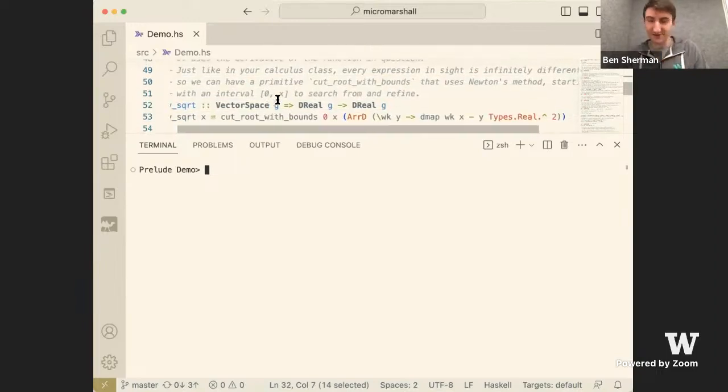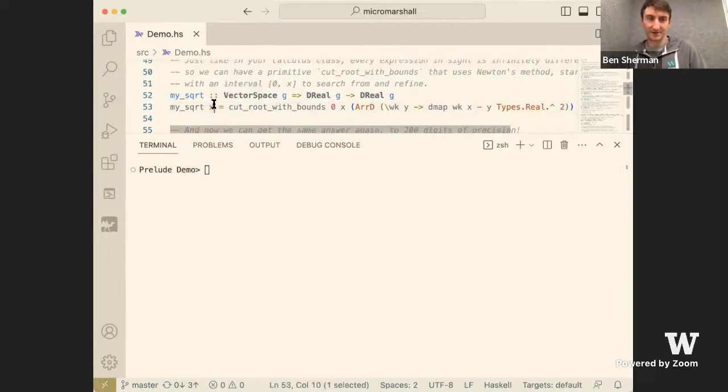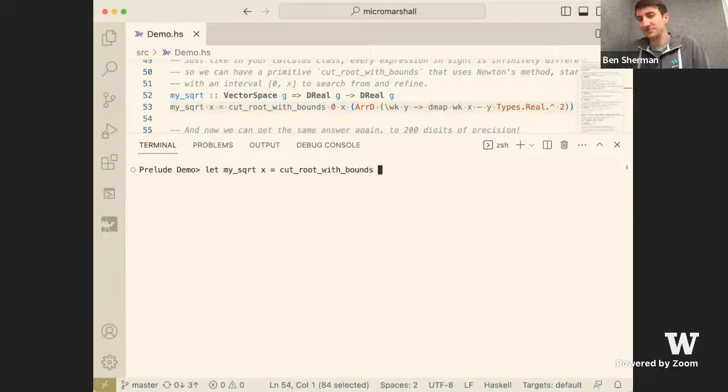And so in this language, every expression is actually infinitely differentiable by default. And so we can create a new square root function. I'm going to do it right here. I'm going to use this built-in function, which is a higher order function called cut root with bounds, which is just Newton's method.